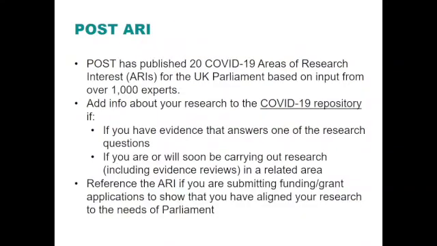So what they've done recently is that the POST published 20 COVID-19 areas of research interest. And they also have a COVID-19 repository. So if you're working on research currently that's related to COVID-19, you can update the repository with your information if any of it answers any of the research questions, or if you'll be shortly carrying out research in this area.